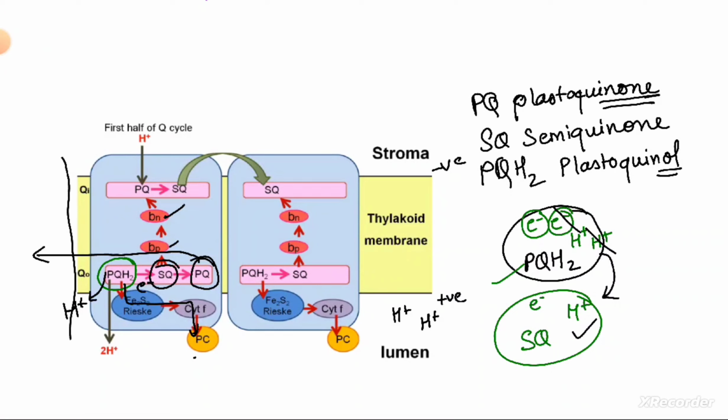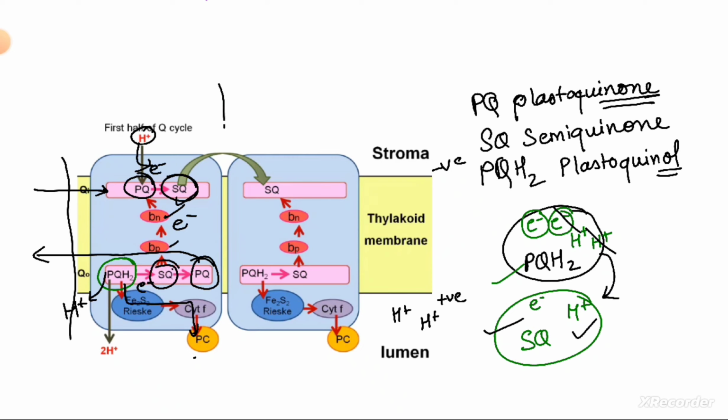Now what is happening is that you have your plastoquinone there, just plastoquinone, which comes from here. Another plastoquinone, some other plastoquinone, enters this system. One electron that was passed from this semiquinone will go and attach to this, and it will take in one proton. Now it is getting converted to this semiquinone.